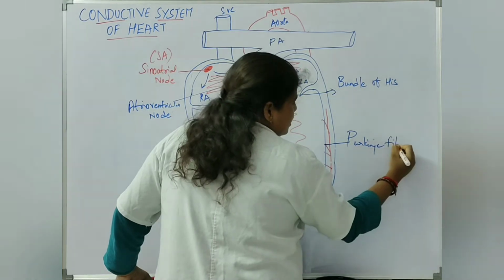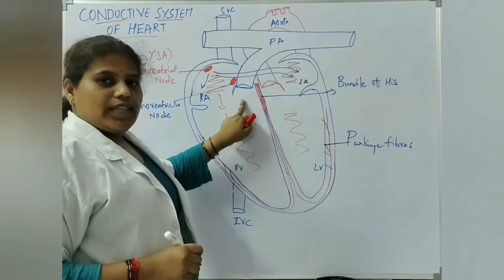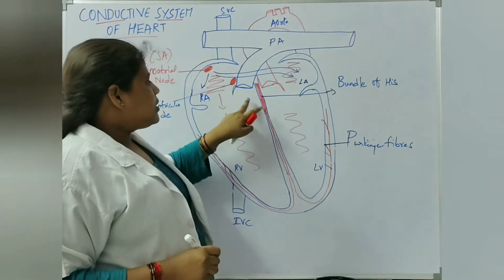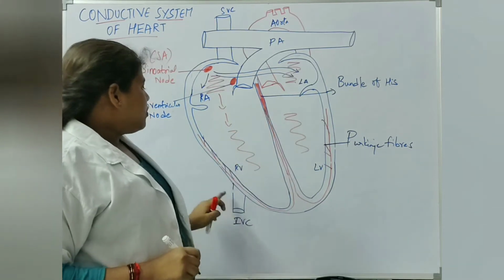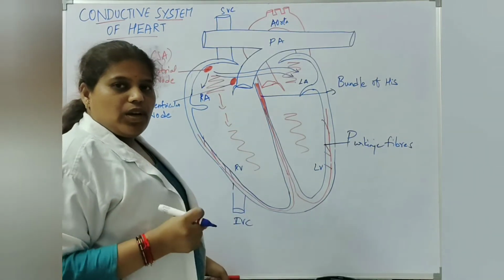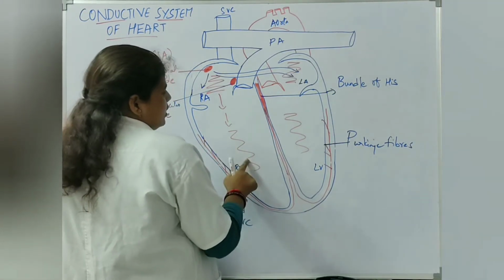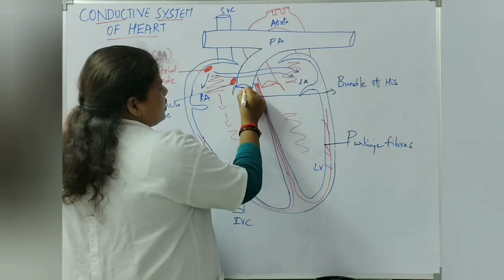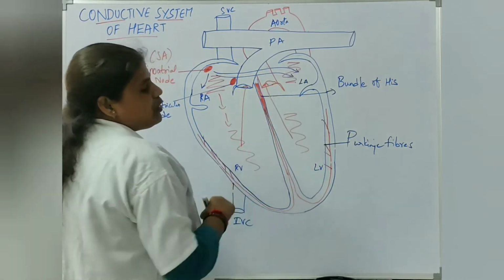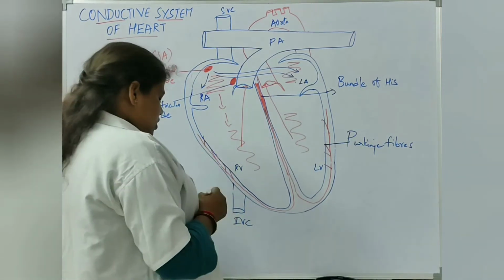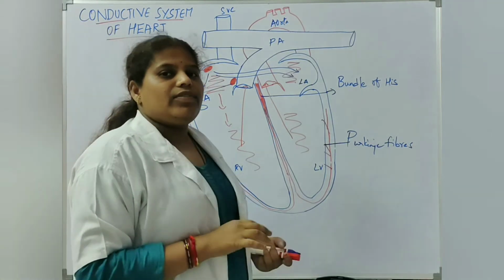So when the signal is transmitted from the AV node to the bundle of His, and from the bundle of His to the Purkinje fibers, the ventricles contract and the blood flows from the right ventricle to the pulmonary artery and from the left ventricle to the aorta for their functions. So this is the conductivity of a heart.